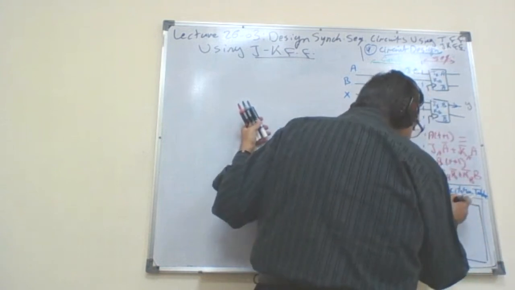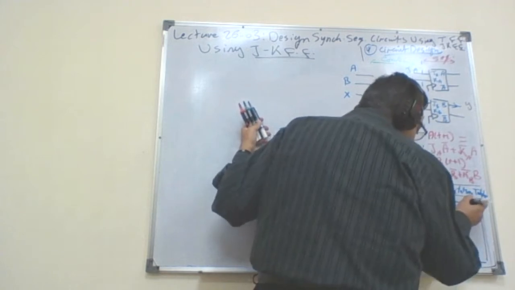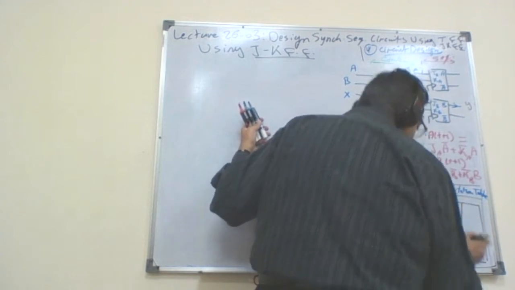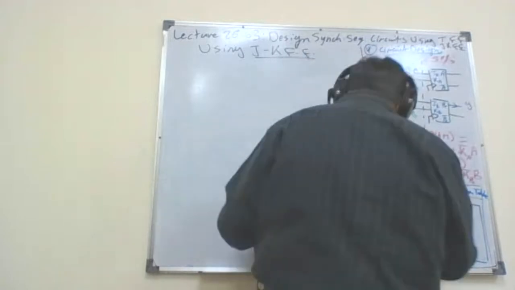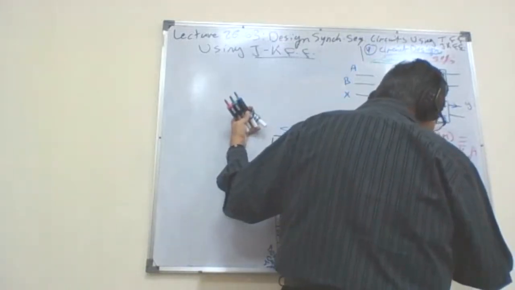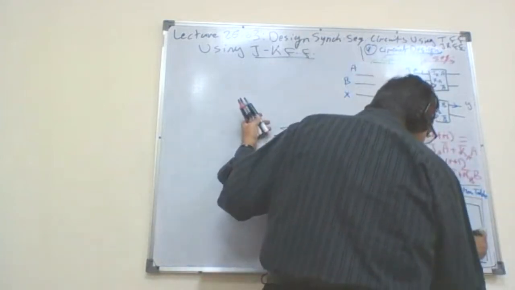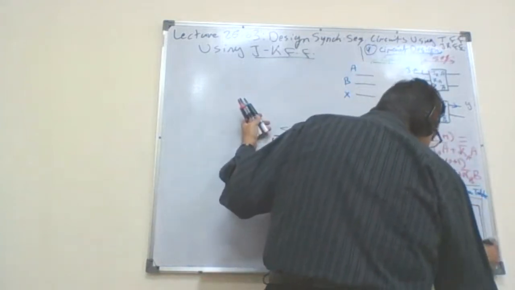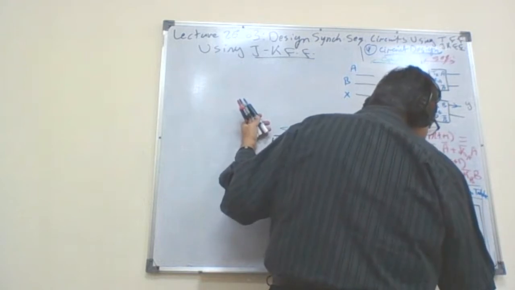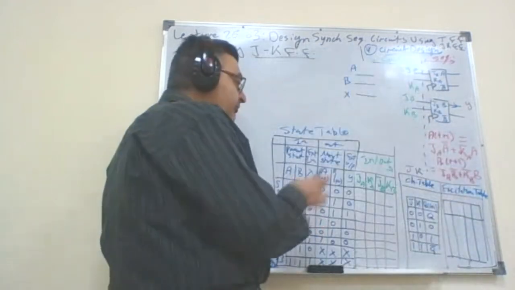The excitation table has inputs Q and Q of T plus 1. And it should show me the corresponding values or columns for J and K for this case. So now it's kind of a flipped table.